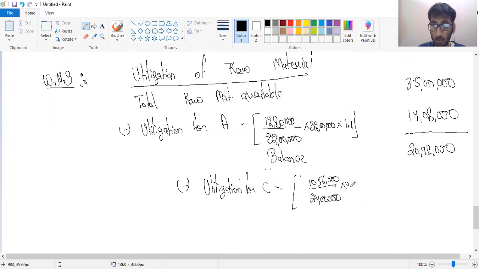This year I'm producing 32 lakh of C. So for 1.1, what would be the raw material cost? So 1056 divided by 24 multiplied by 32 multiplied by 1.1. It would be 1548 800.